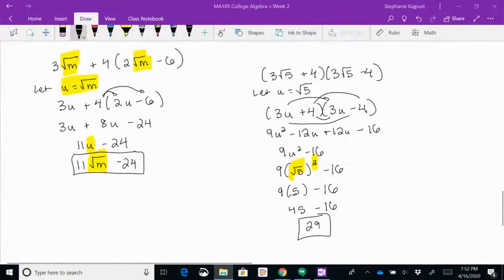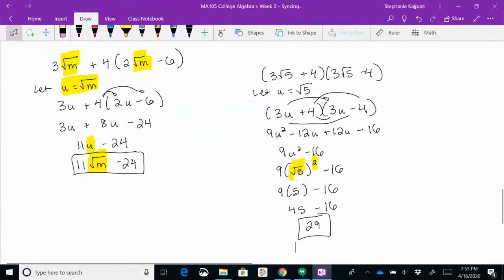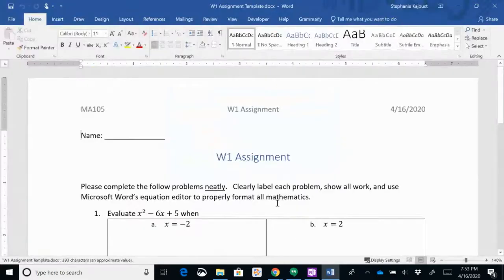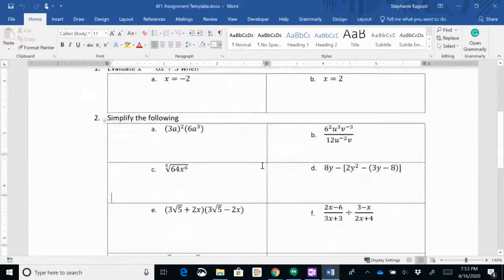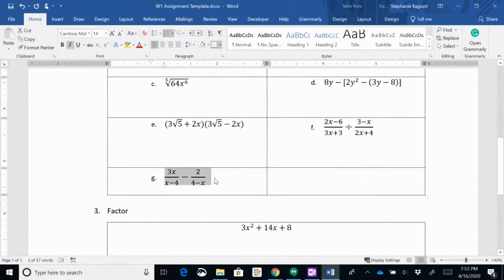Okay, I'm going to pull this up so I can see the exact problem. This one right here? Yes. Yeah, what's your question about it?